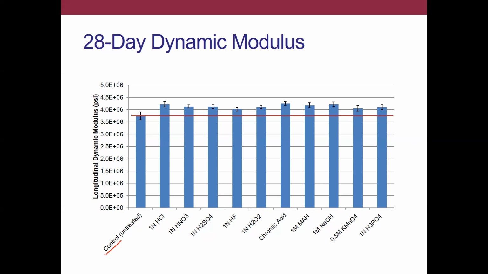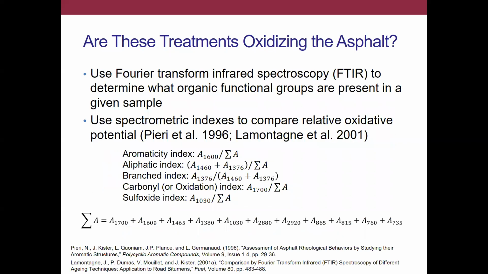So why is that? The next thing we did was look at the functional groups that were formed upon oxidation using these different treatments. In particular, we used Fourier transform infrared spectroscopy, FTIR, to assess what organic functional groups were present.